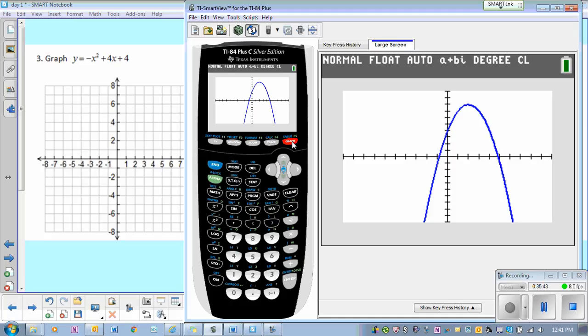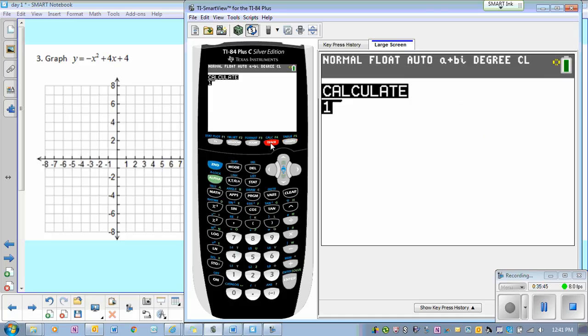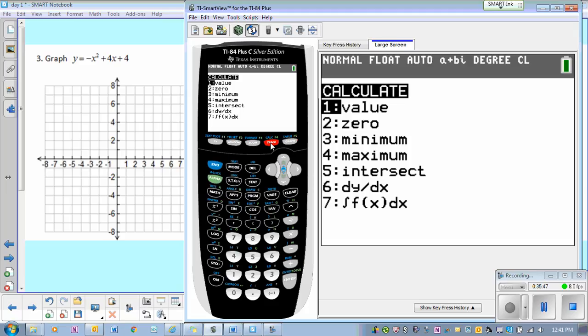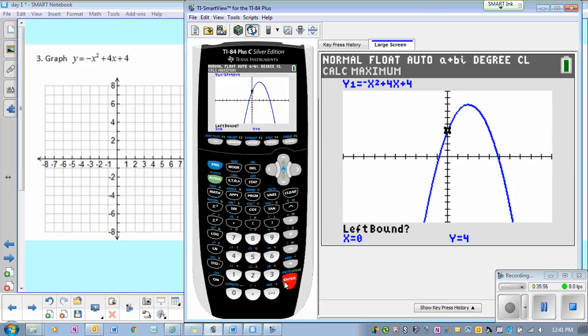Maximum. So go to second trace again, and then click on maximum. Then you move the blinking cursor to the maximum that you want.